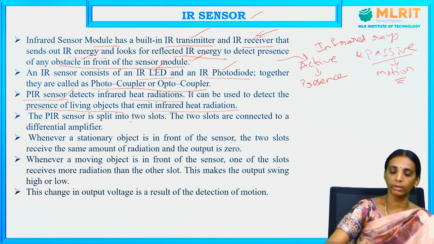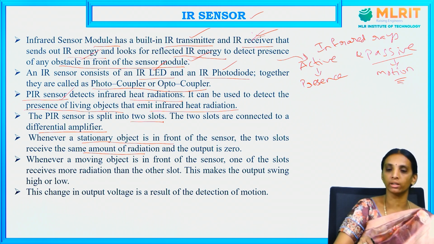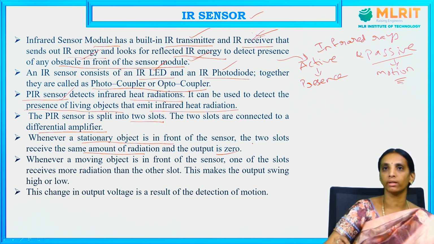The sensor element is split into two slots, and the two slots are connected to a differential amplifier. Whenever a stationary object is in front of the sensor, the two slots receive the same amount of radiation, and hence the output is 0.